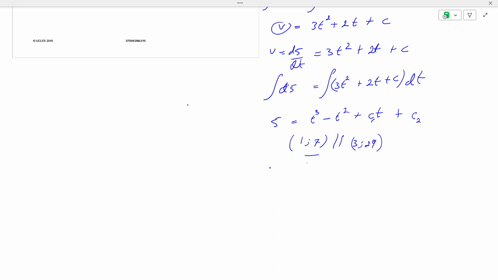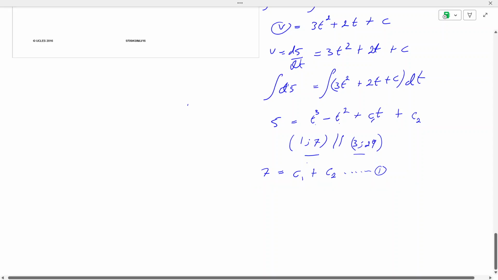When I do so, I'll get 7 is equal to this is 1 1, so that'll give me 0. Then this will be 1 plus just that. So I'll just get c1 plus c2. Then that's my first equation, right? Then I'll plug this one second.